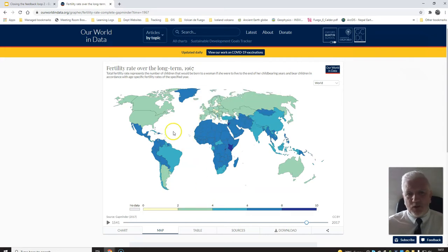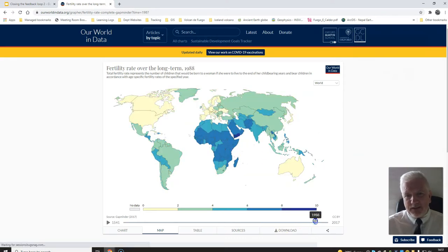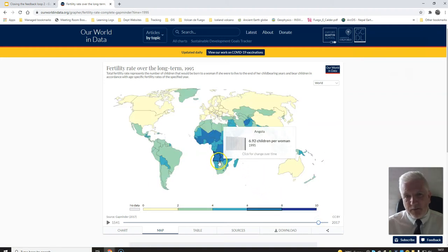We can see that Europe and North America and Australia are definitely having lower fertility rates than the three continents of the developing world, but Africa in particular has stubbornly high fertility rates. And if we move through this, we can see even into the 1990s, Africa is remaining high. But then we start to see this pattern emerging here.